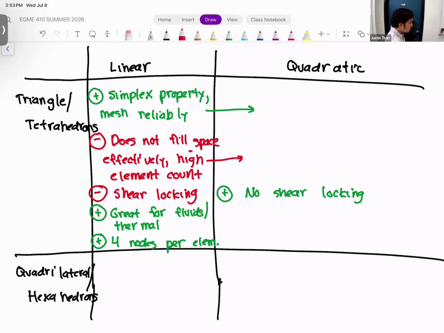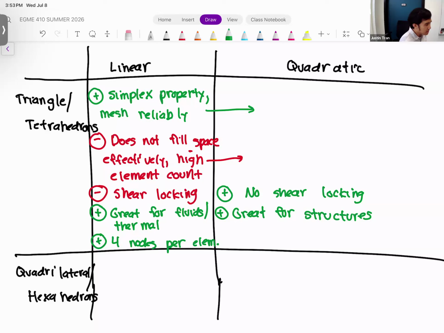Another positive is that because it's quadratic and because you don't have shear locking, it works great for structural simulations. It should work pretty well for thermal as well.